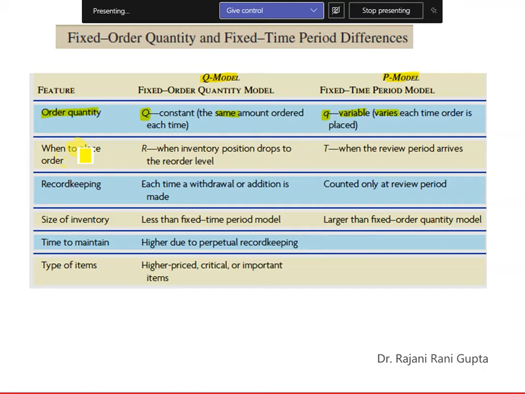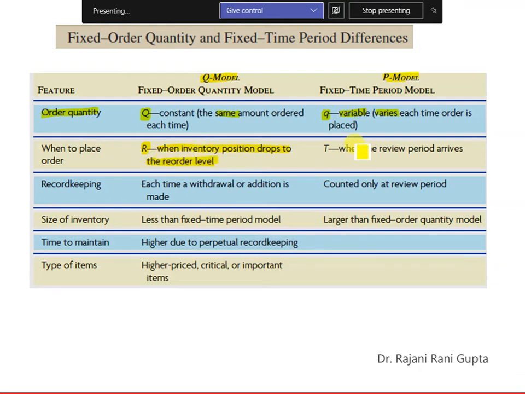The second feature is when to place the order. In the Q model, it depends upon R. R is the reorder point, which is calculated using the lead time and the demand. So the order is placed when the inventory position drops to the reorder level.